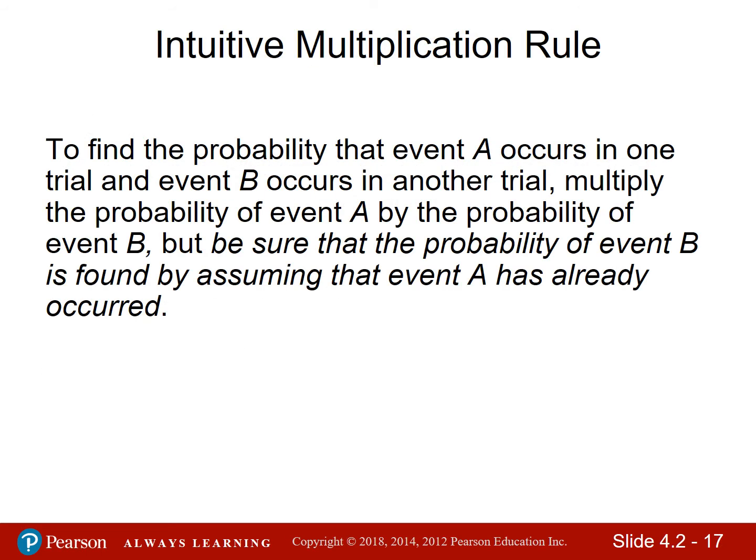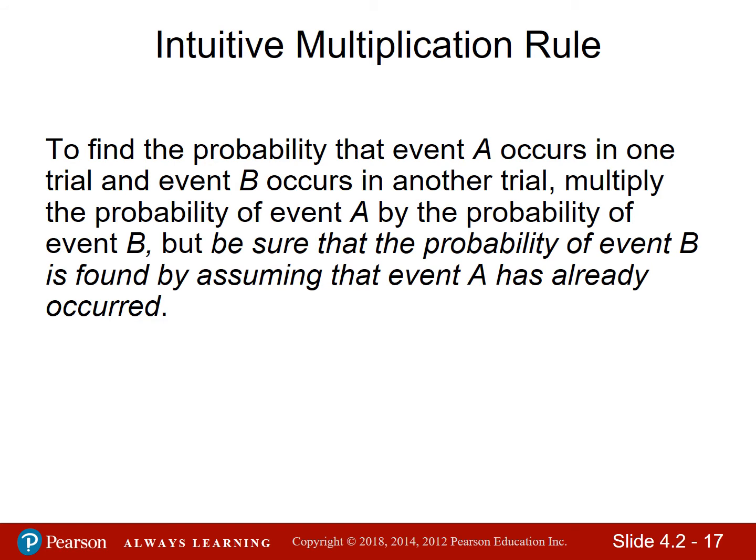So to find the probability that event A occurs in one trial and event B occurs in another trial, multiply the probability of event A by the probability of event B. But be sure that the probability of event B is found by assuming that event A has already occurred, because if event A has already occurred, that can affect the total outcomes.